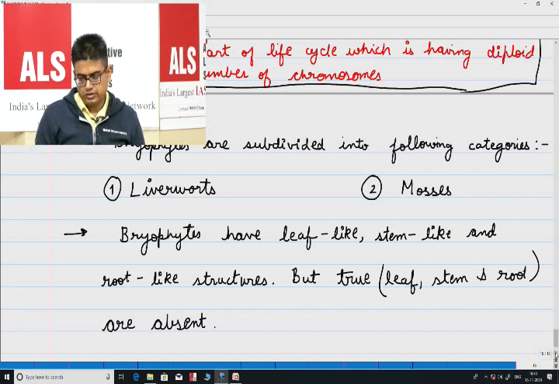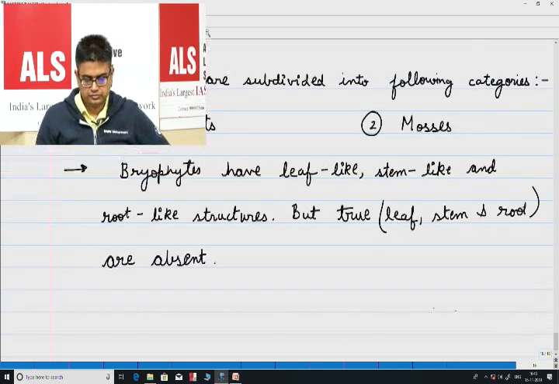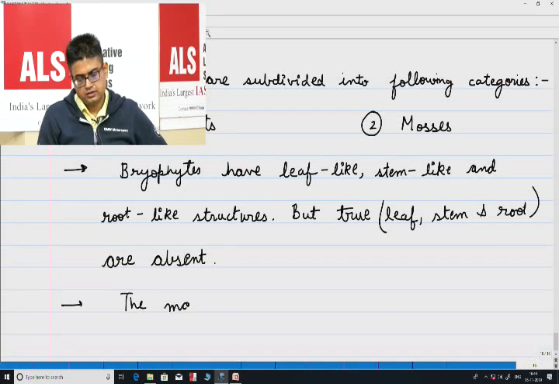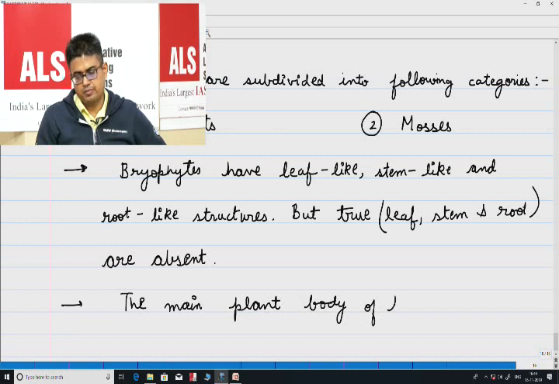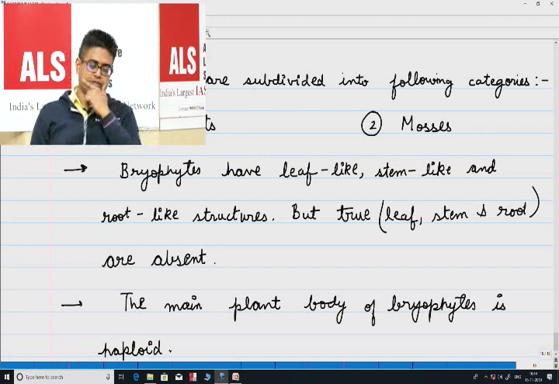Next thing is, the main plant body of bryophytes is haploid. So they have a single set of chromosomes.